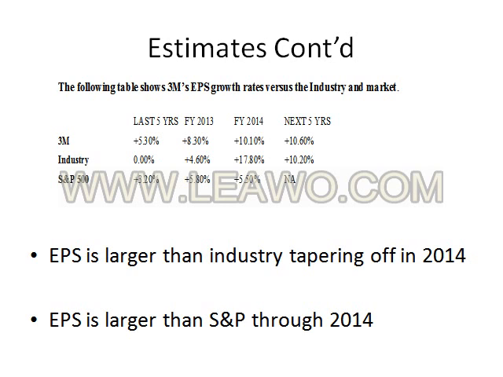From the table, we can see that 3M's EPS is larger than the industry, but tapers off in 2014. We can also see that 3M's EPS is larger than the S&P 500 all the way through 2014. 3M is in a great position compared to its industry and the S&P 500.